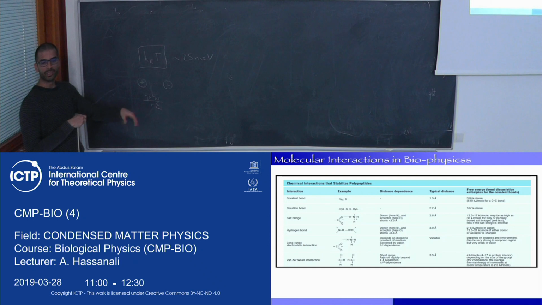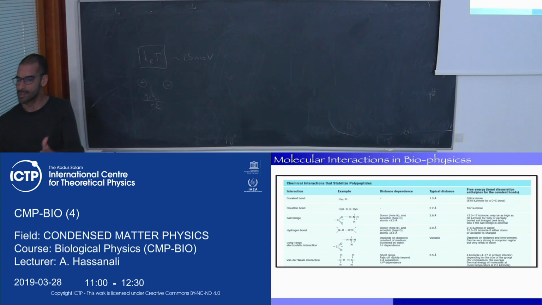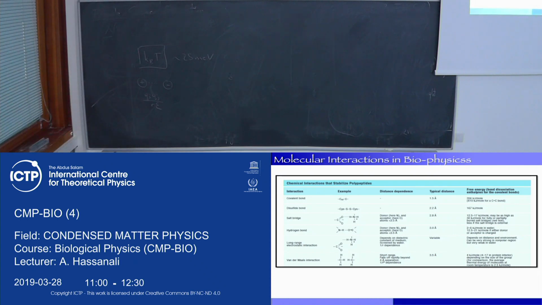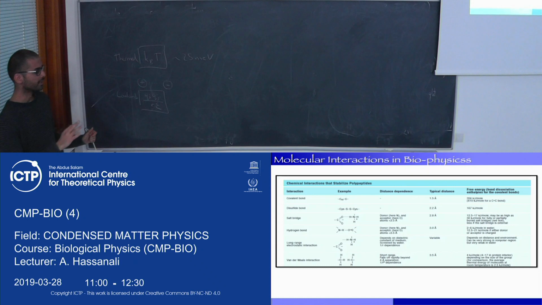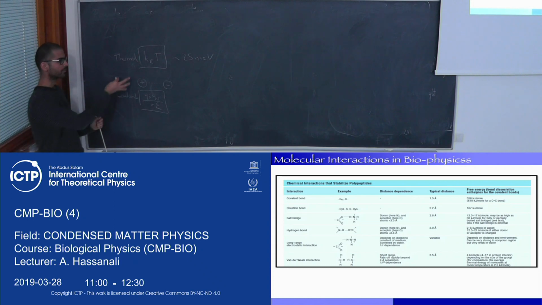The magnitude of epsilon will affect the range and the strength of the interaction. At what length do I need to be to start worrying about Coulomb versus thermal?